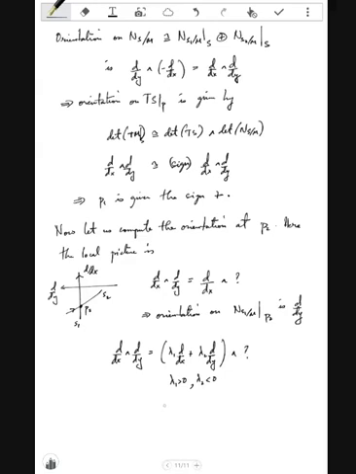Since lambda 2 is negative, this implies the orientation on N S2 is plus d by dx.